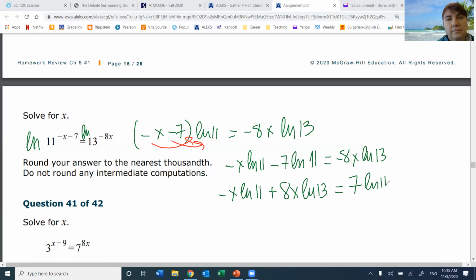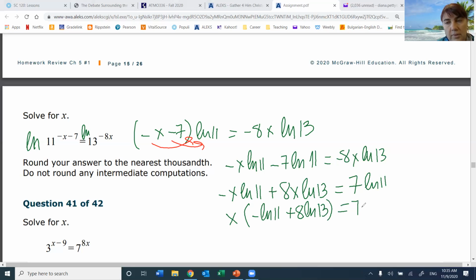Again, the natural log is just a number. So now I'm going to factor out the x because I want the x. So what's left is minus logarithm of 11 plus 8 logarithm of 13.